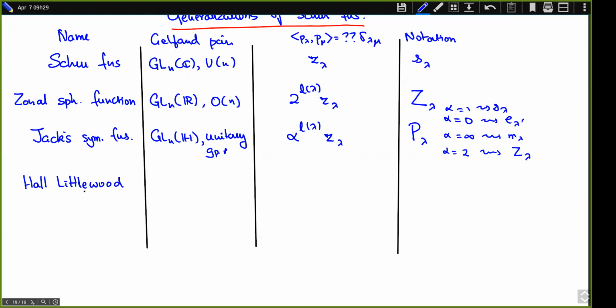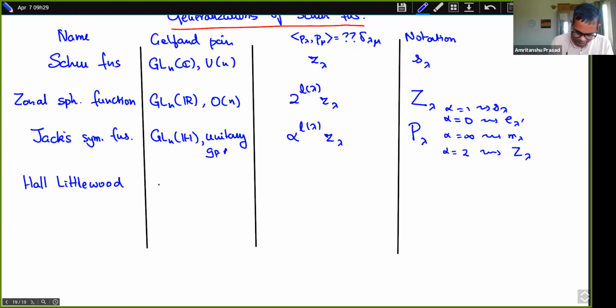Then there are the Hall-Littlewood symmetric functions. I don't know if they are zonal spherical functions for something; maybe one of you could correct me. But they do arise from what is called the Hall algebra, which comes from the problem of counting subgroups of a finite abelian group of a certain type.